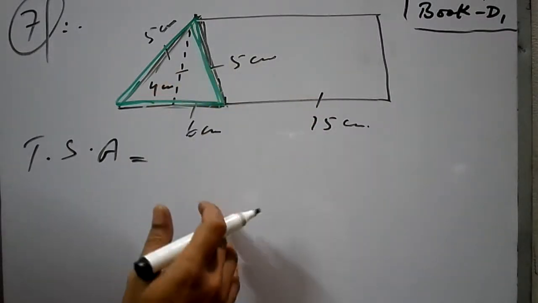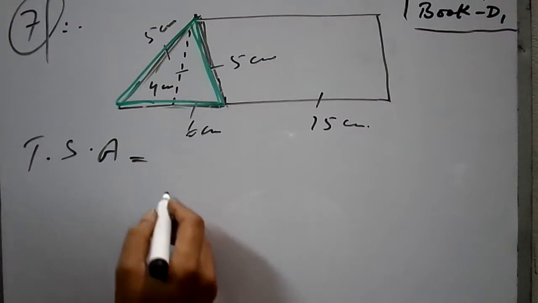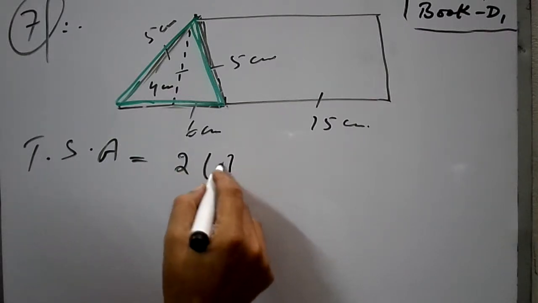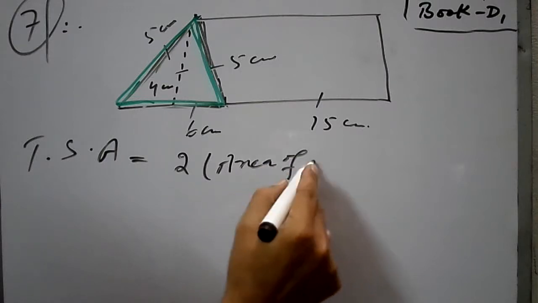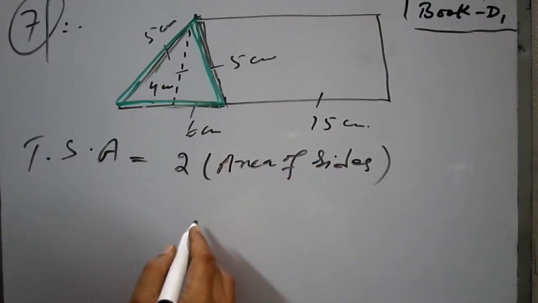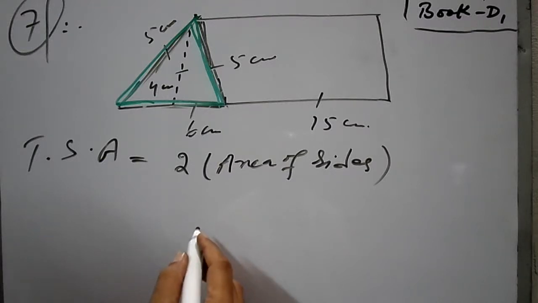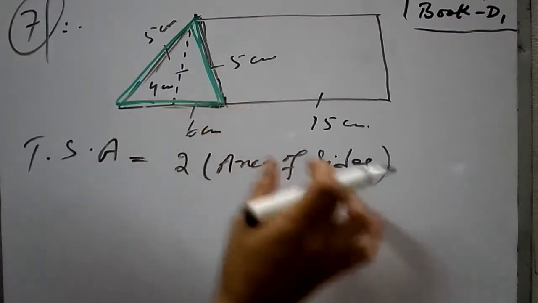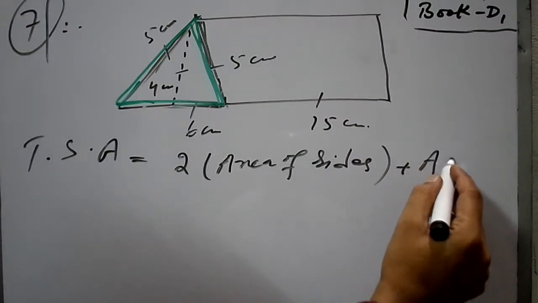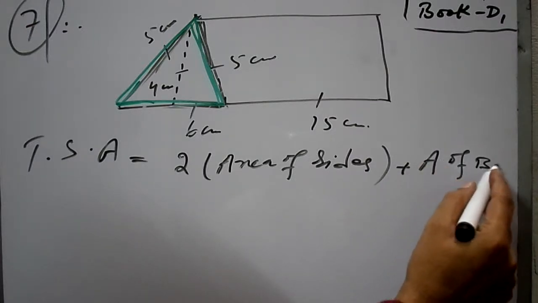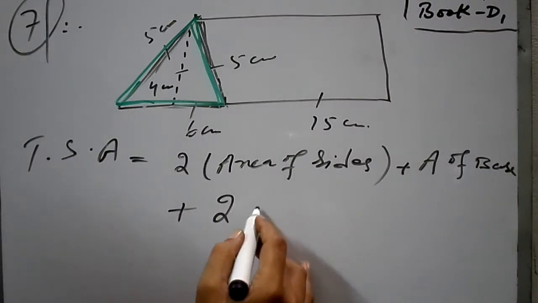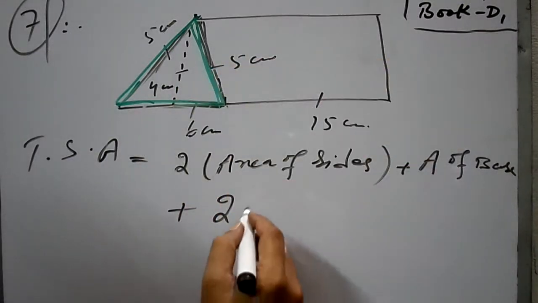So total surface area is equal to twice the area of sides, because we have two sides. Second one is area of base, and third one is twice the area of triangle, because you have two triangles.